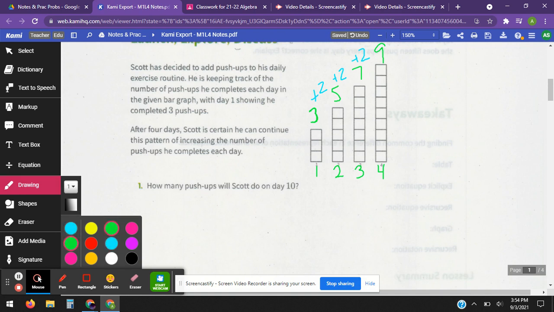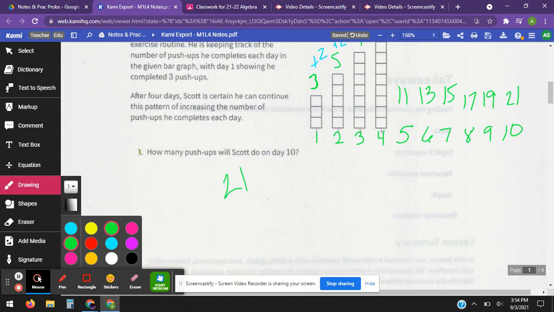So if I just do a table, 5, 6, 7, 8, 9, 10. On day 5, he'll do 2 more, which is 11. Day 6, he'll do 2 more, 13, 15, 17, 19. That puts him at 21 on day 10. So that's one way we can figure that out.